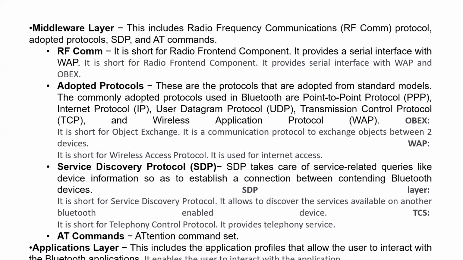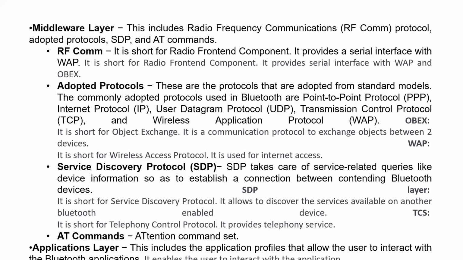Okay, which deals with the physical things, the radio frequency communication things of the Bluetooth communication. Generally it deals with the WAP protocol, wireless access protocol, and also with the object exchange protocol.